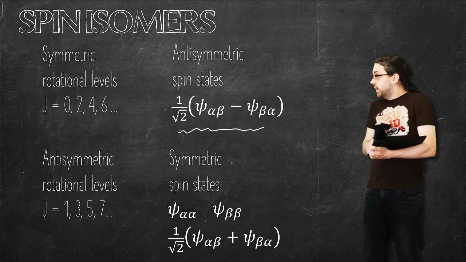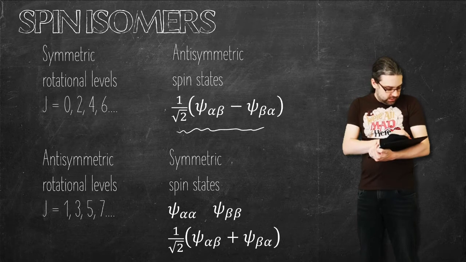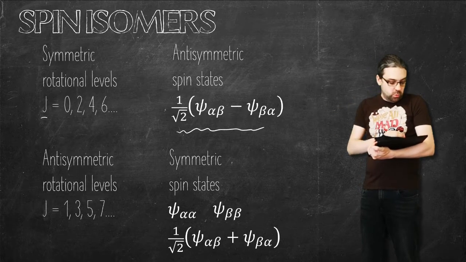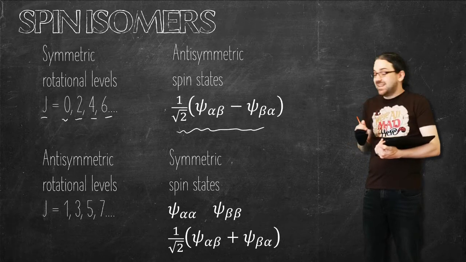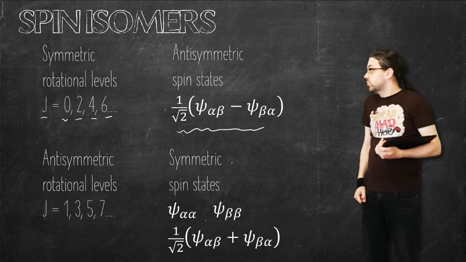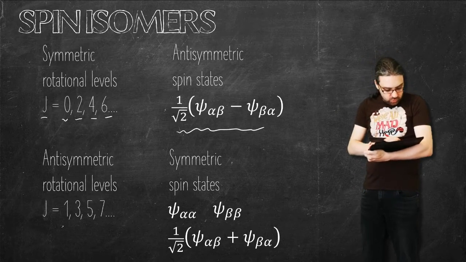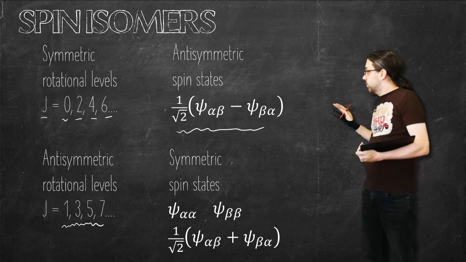So we picked up in spectroscopy, particularly rotational spectroscopy, that we must have J values of 0, 1, 2, and so on. Well, the symmetric rotational energy levels are 0, 2, 4, and 6, etc. All the even numbers, including 0. The anti-symmetric rotational levels are 1, 3, 5, 7. All the odd numbers, they are anti-symmetric.